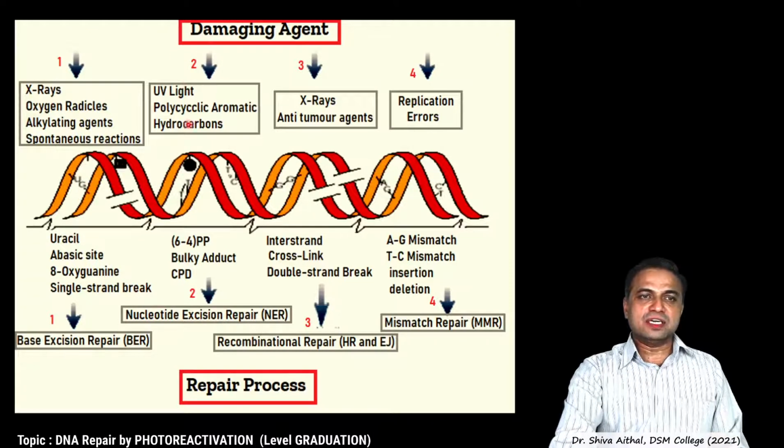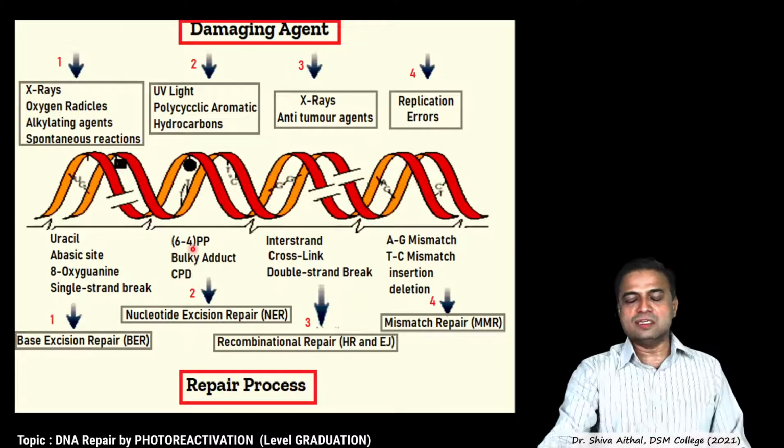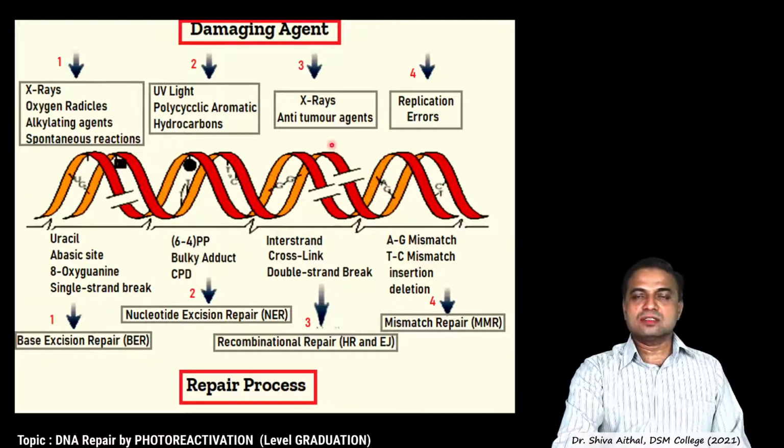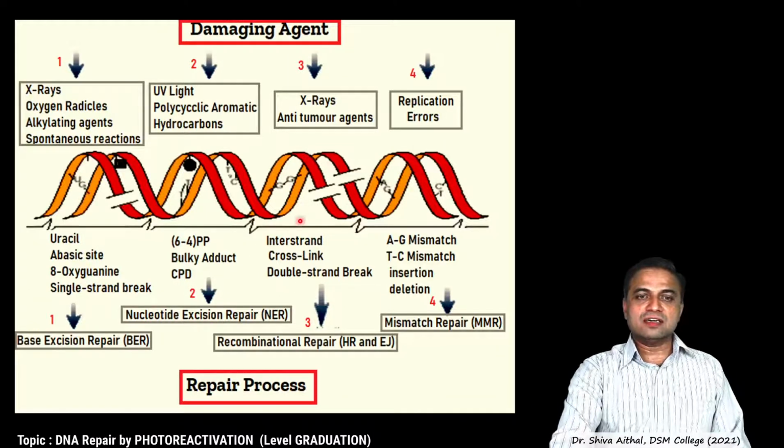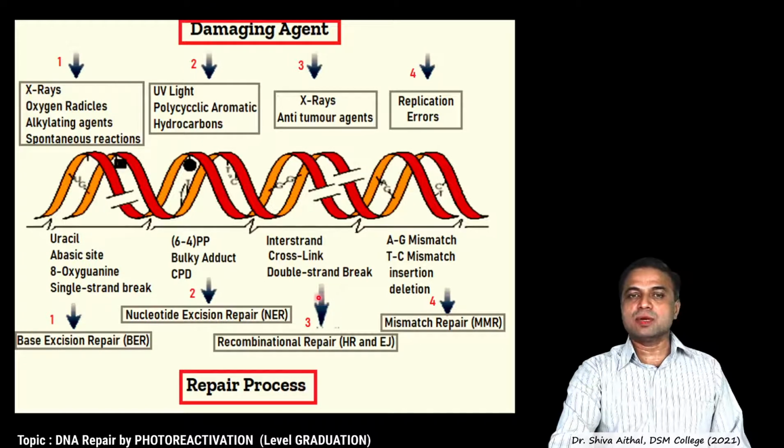Then damaging agents like UV light and polycyclic aromatic hydrocarbons can give rise to bulky adducts and pyrimidine dimers. Then X-rays or anti-tumor agents cause interstrand cross-links and double-stranded breaks, and replication errors, which are very common, give rise to an AG mismatch or a TC mismatch, and an insertion or a deletion type of mutation. All this can be repaired.